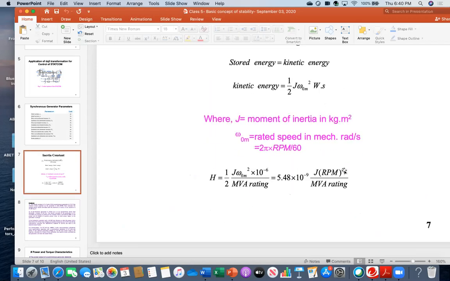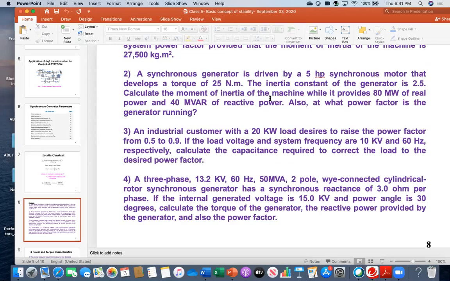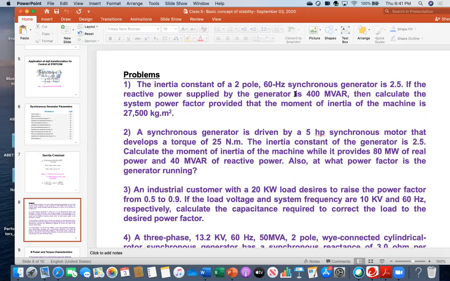So everybody, if you see this equation, H is given, J is given. The MVA rating is not given, but is RPM given? Read the statement. Is RPM given in any way? No, we can calculate from 120 F over P. Exactly, yes.